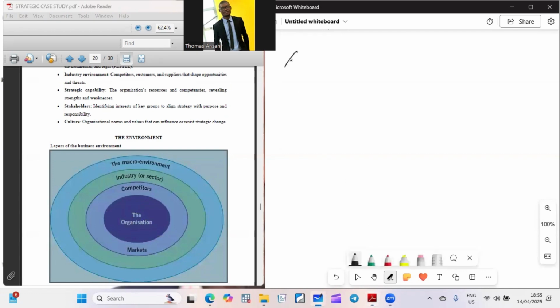The first thing you look at in analyzing a strategic question is simple. You look at the organization. And when we say look at the organization, of course, we will be looking at the internal of an organization. But look at what type of organization it is. Because we have a limited liability company that is private. We have a limited liability company that is a public company.